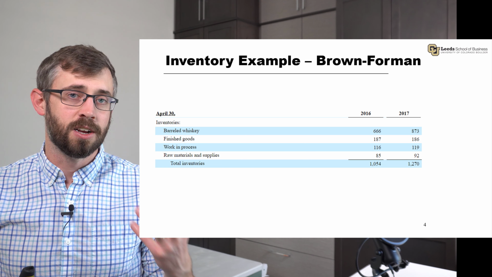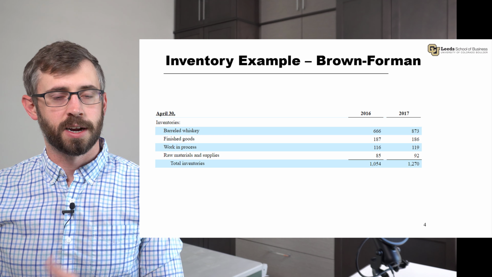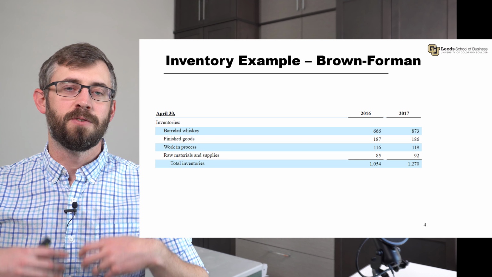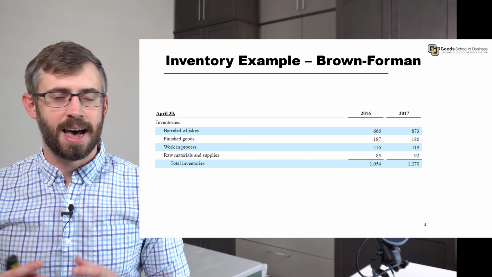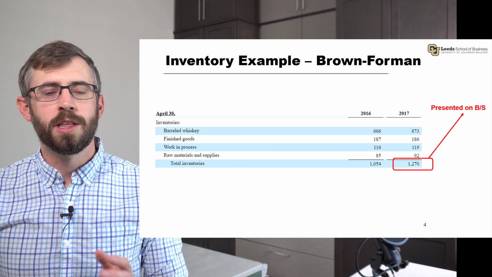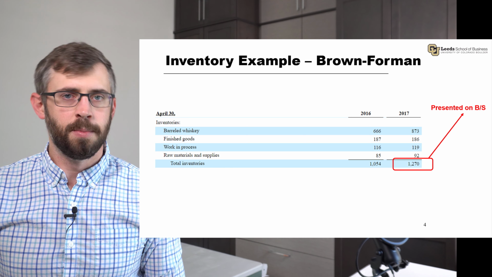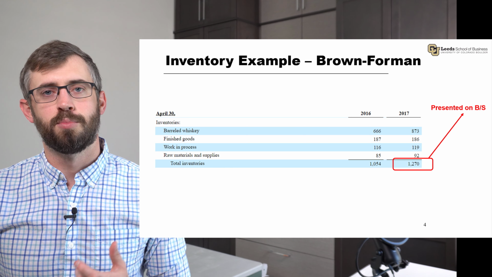And so that could include things like barreled whiskey when it has to age for a while before it can be sold. So it includes stuff before it's ready for sale as well as the finished goods that they are waiting to sell. And this is about $1.3 billion. The final number, the sum of all of them, is what's going to be presented on Brown-Forman's balance sheet.